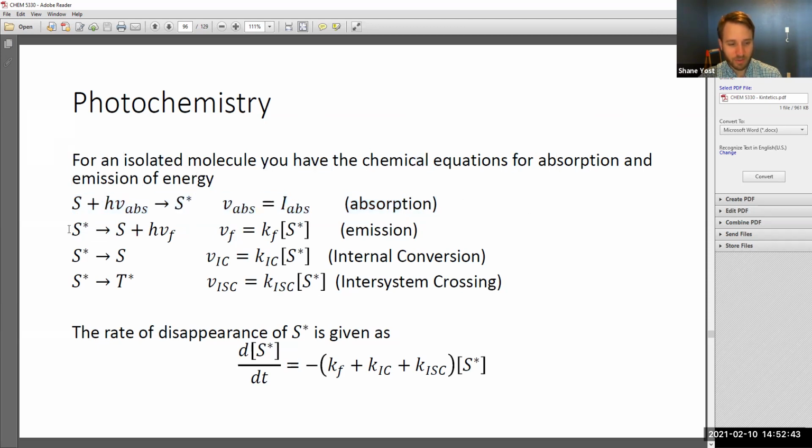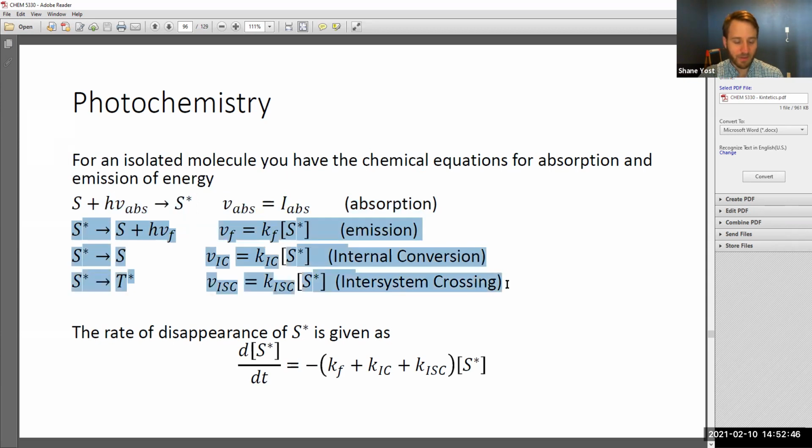So the question is what the dynamics of these three events are. These are all three first order reactions, so you can just add up the rate constants and multiply that by the concentration of S star, and that will give you the change in the concentration as a function of time.